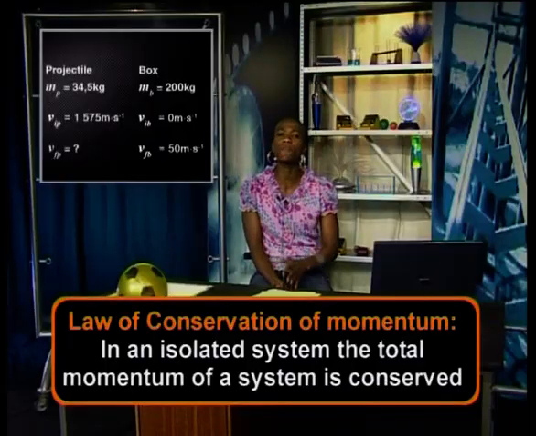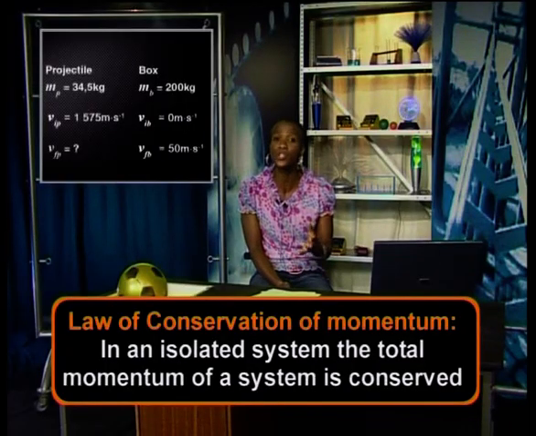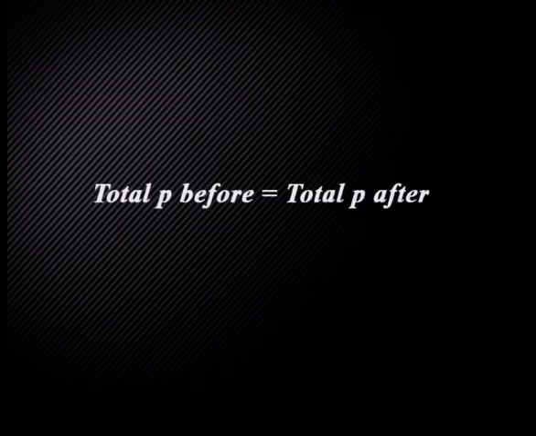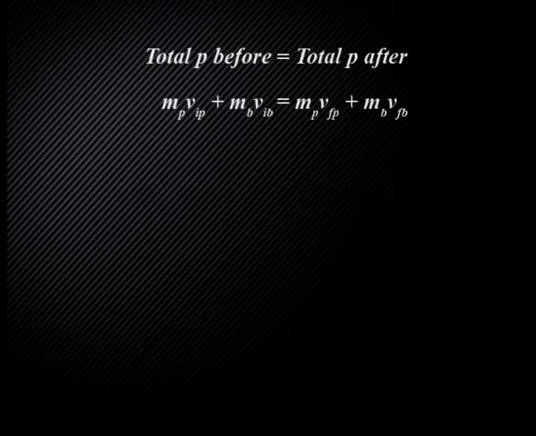Let's apply the law of conservation of momentum to calculate the velocity of the projectile. Total momentum before the collision is equal to the total momentum after the collision. So the mass of the projectile times its initial velocity plus the mass of the box times its initial velocity is equal to the mass of the projectile times its final velocity plus the mass of the box times its final velocity.